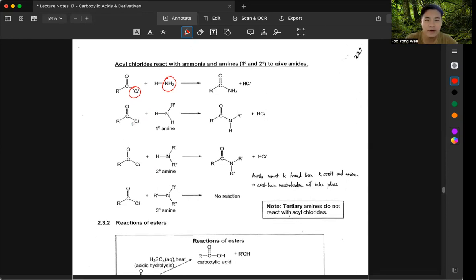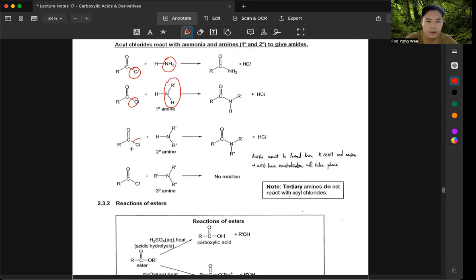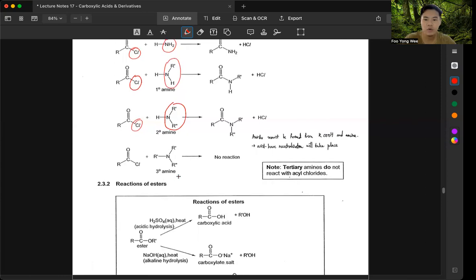Then you have this one as well, this part here. NHR, yeah, correct. Here also NRR. So with primary and secondary amine you get reaction, but with tertiary amine, no reaction with the acyl chloride.